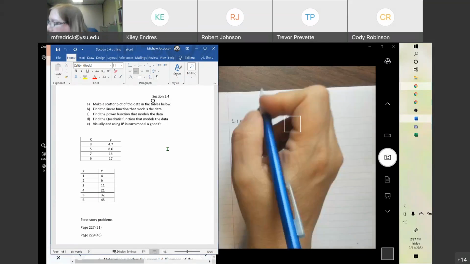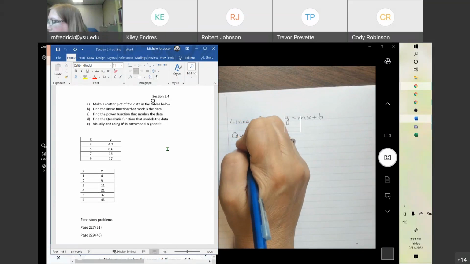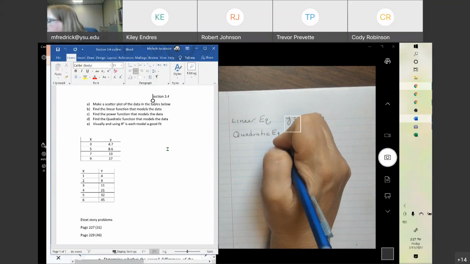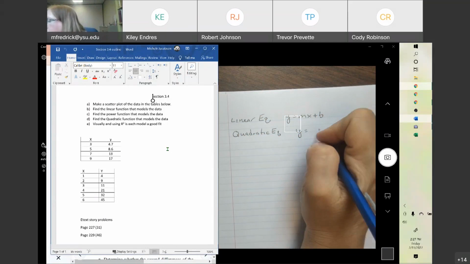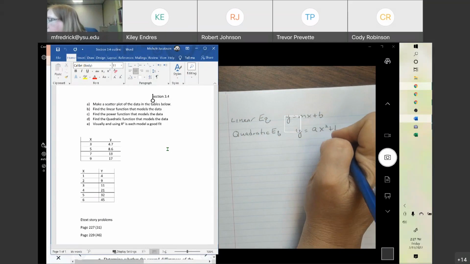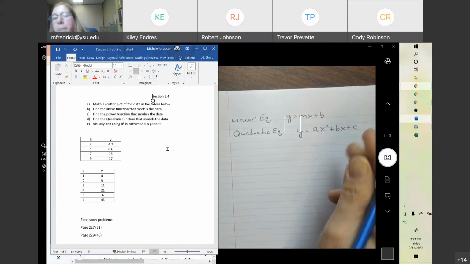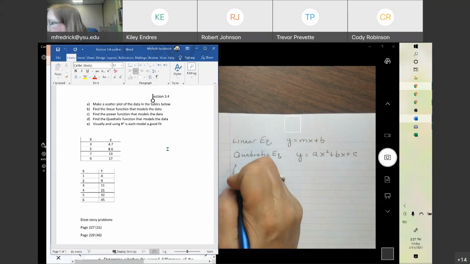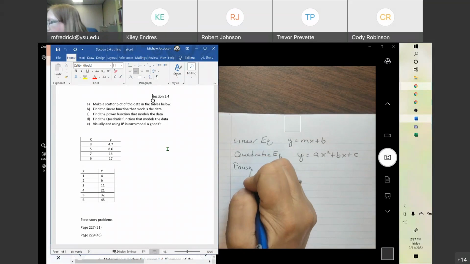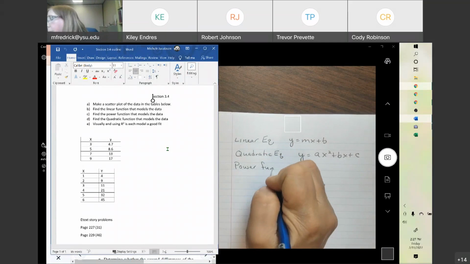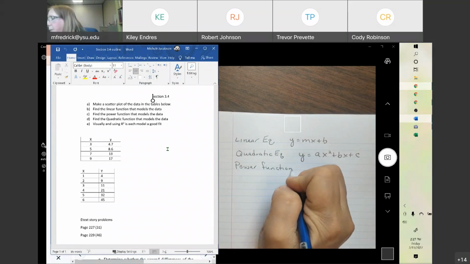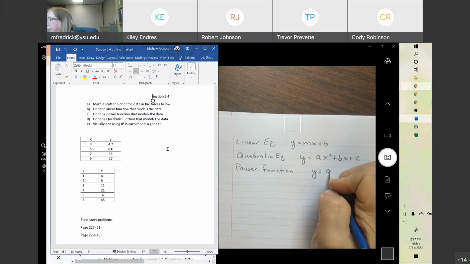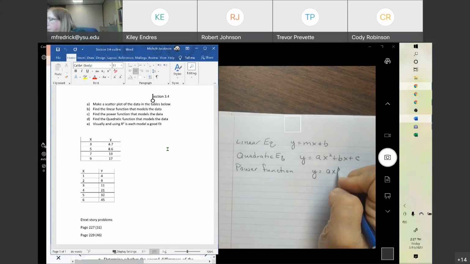And we also used quadratic. Remember, that's our parabola. It's y equals ax squared plus bx plus c. Now this also introduces a power function in this section, and then we deal more with it the next chapter. But the power function is y equals ax to the b.